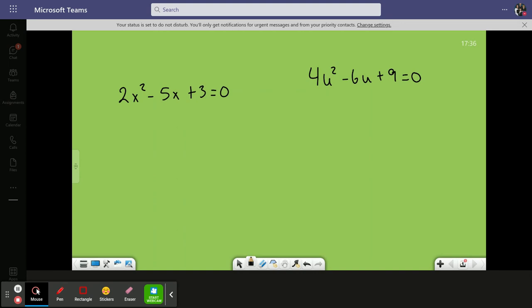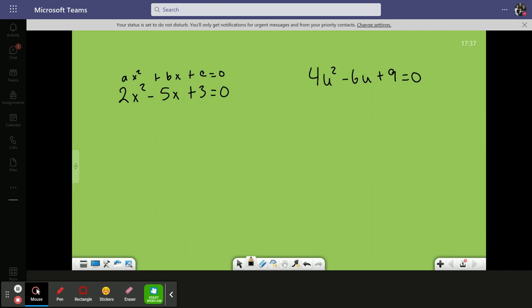So we want negative b. My b is already negative. Remember, it's ax squared plus bx plus c equals 0, right? So a is 2, b is negative 5, and c is 3.